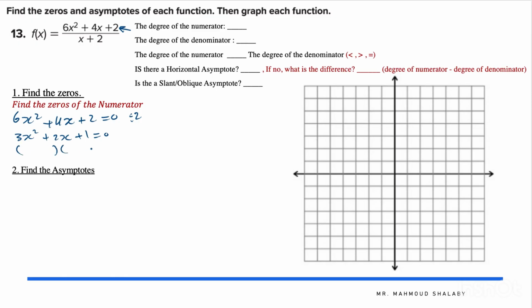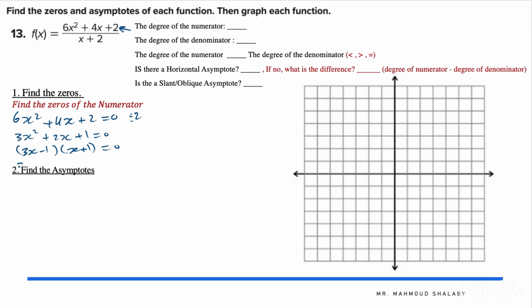We should factorize it into 2 brackets, so we know that it's a quadratic. Exactly, it's a quadratic function, so when you factorize it you will come up with 2 brackets. It will be 3x minus 1 and the other one will be x plus 1.